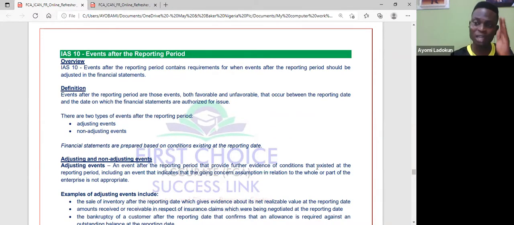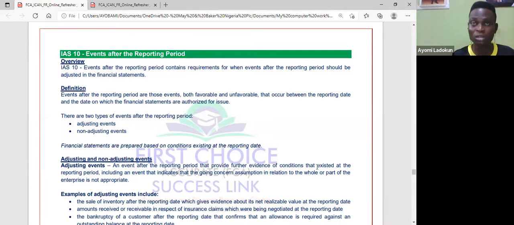If the carrying amount is 500 and the fair value less cost to sell is 600, that means you continue to carry it at 500 because that's the lower, right? But if the carrying amount is 500 and the fair value less cost to sell is 400, that means you write it down to 400. So you have reduced the asset by 100, then you take it straight to profit or loss account, and that is impairment loss, right? That's impairment loss.